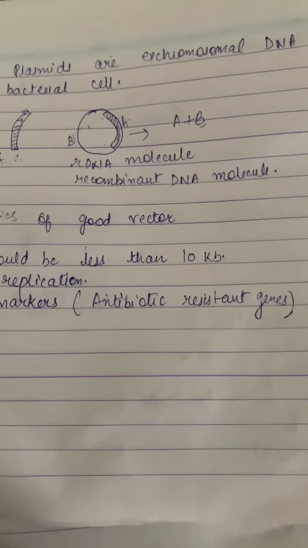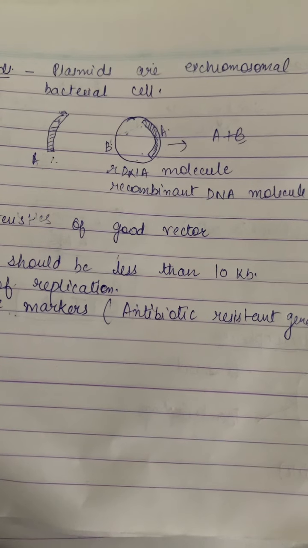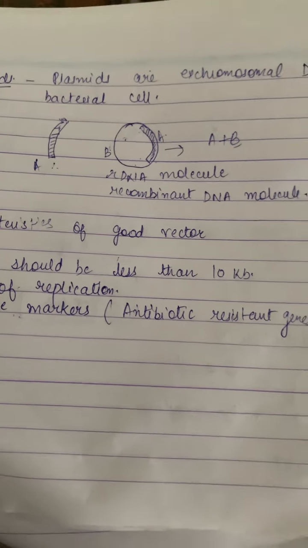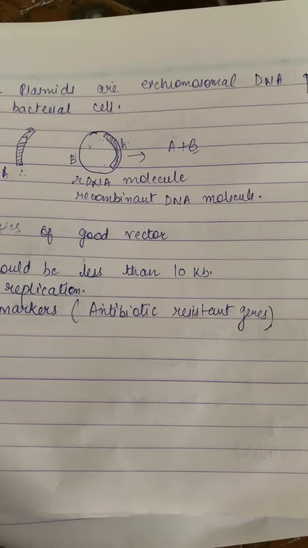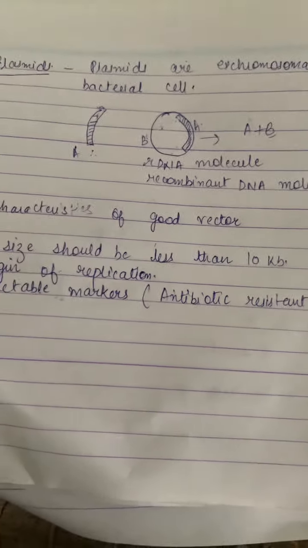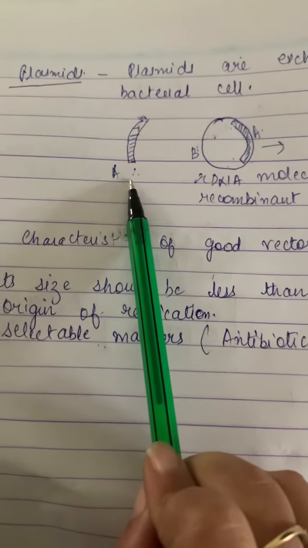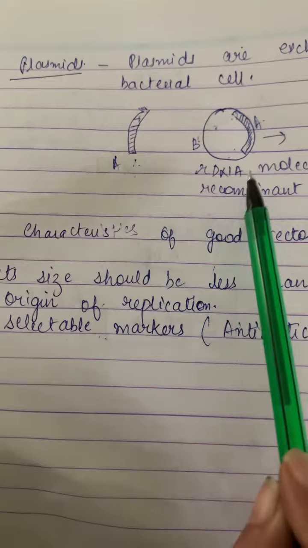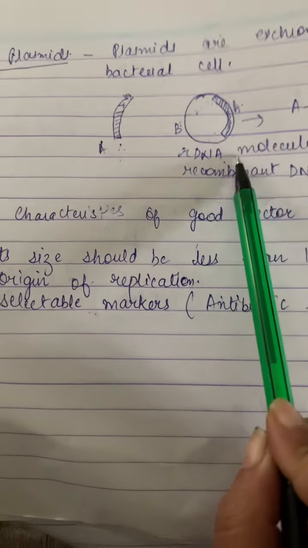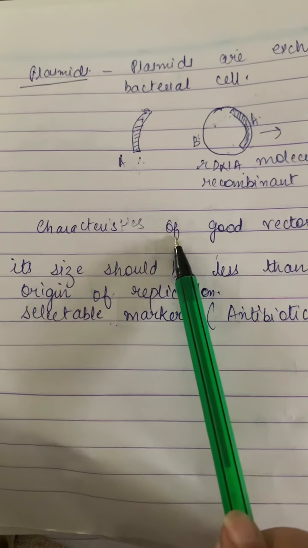So basically plasmids and bacteriophages, as I have said earlier, can be used as vectors or vehicles for cloning purposes in prokaryotes, particularly bacteria. So clear? Now you have your desired gene. After the desired gene, you need to choose the ideal vector, and while choosing the vector, what characteristics will you consider?